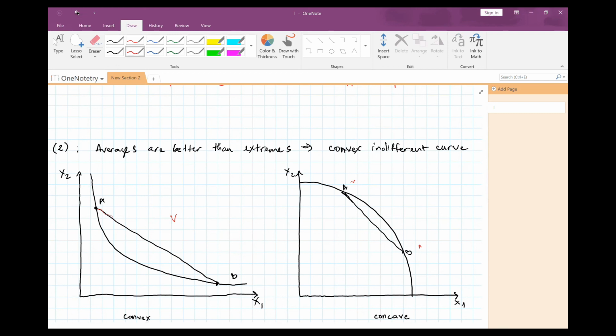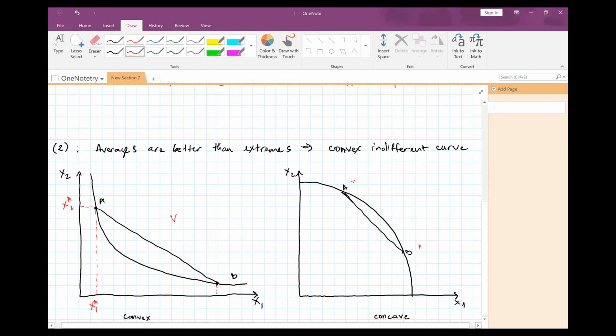So now what does it have to do with average and extreme? So any point on this line connecting A and B represents some sort of average combination of both, and it's less extreme than at A, where you have a lot of x2 but only a few of x1, right?